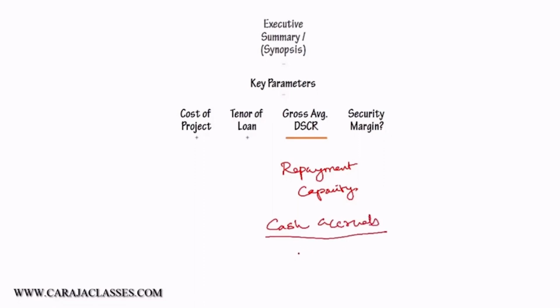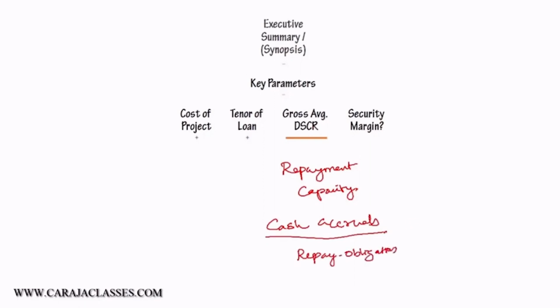Then the sanctioning authority will be interested in knowing the gross average DSCR, because this is what is going to measure the ultimate repayment capacity. We'll be having dedicated sessions on gross average DSCR, but to put it simply, it is basically the cash accruals available for servicing the loan divided by repayment obligations.